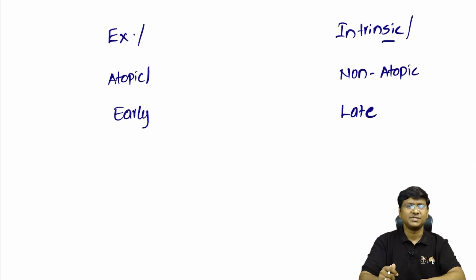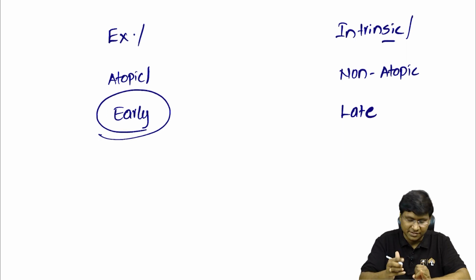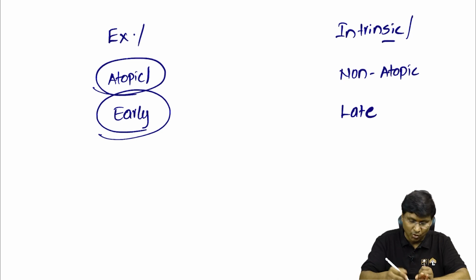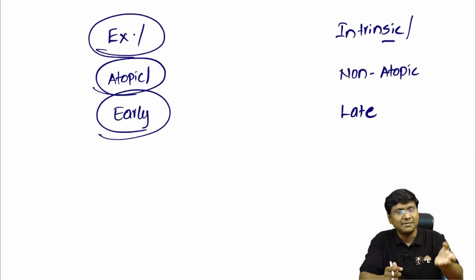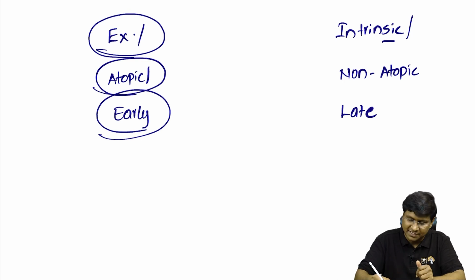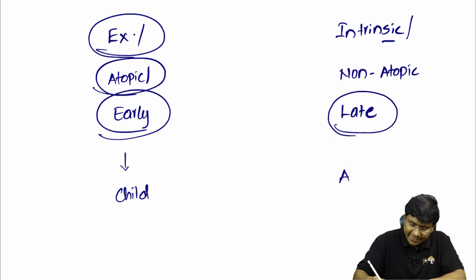Now what is the difference here? Early onset asthma means an early age of onset. Atopic asthma means the external allergen has a strong role, that is, an external agent induces the development of asthma. Extrinsic asthma is observed in children, whereas intrinsic asthma, also called late onset asthma, is observed in adults.